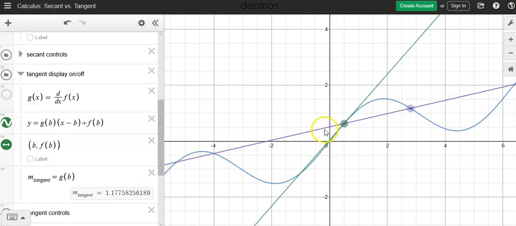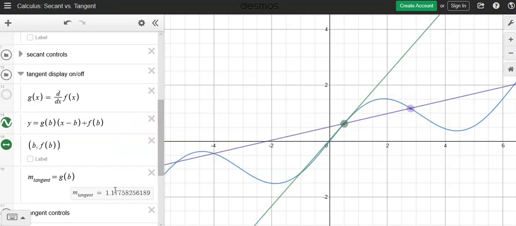Now, Mr. Skanes also put in another line. You see this is kind of like a purplish color. The color doesn't matter anyway. But here's another line that also goes through the point of tangency, but it's got a second point intersecting the curve right here. Now, this is a secant line. And remember now, 1.177.